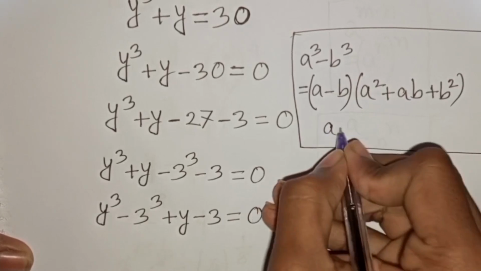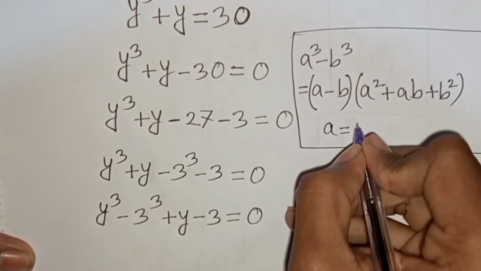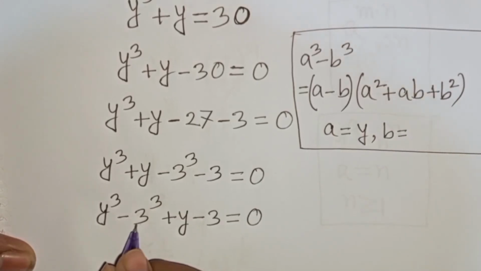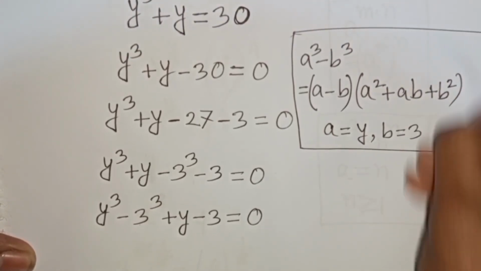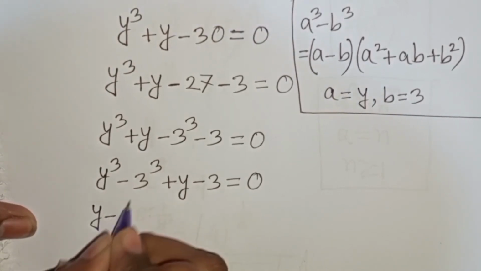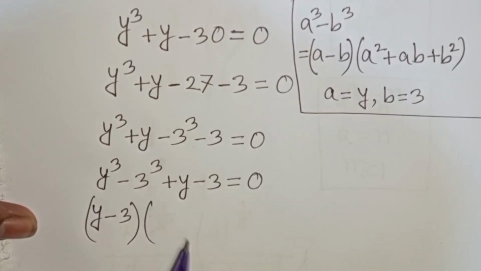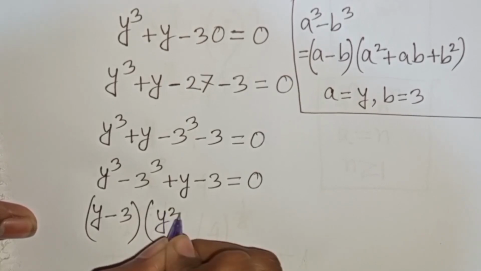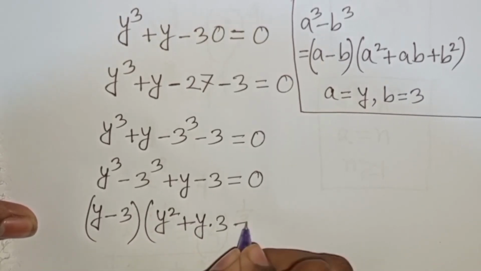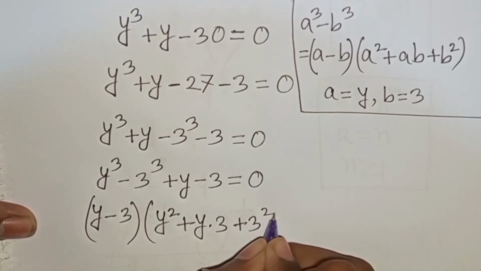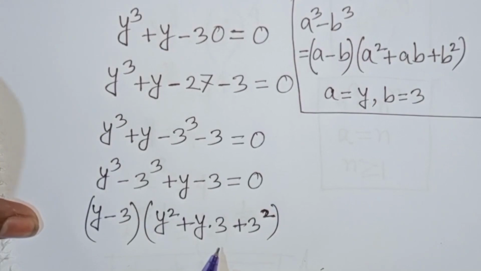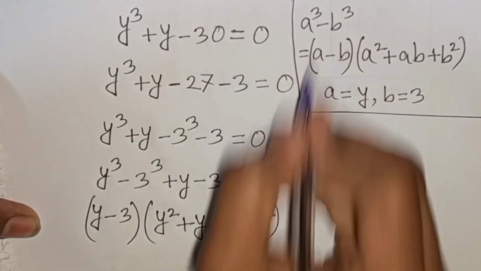Here a will be equal to y, then b will be equal to 3. So according to this formula I can write here y minus 3 times y square plus y times 3 plus 3 square. That means this is the formula of a cube minus b cube.